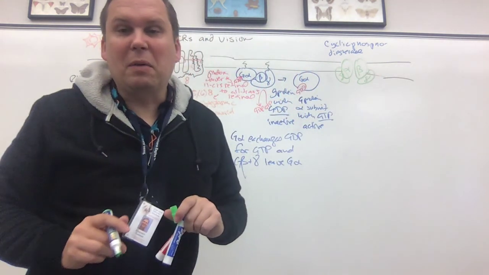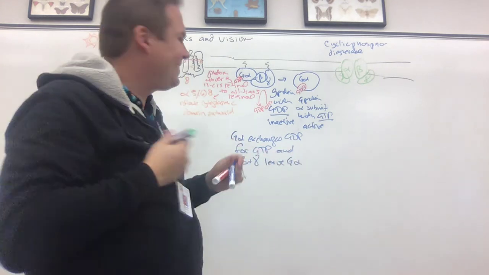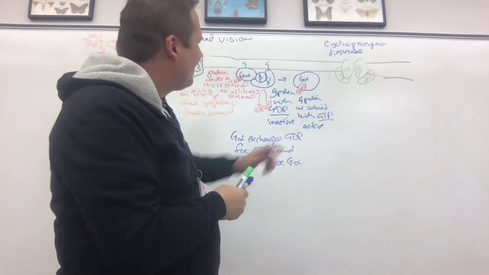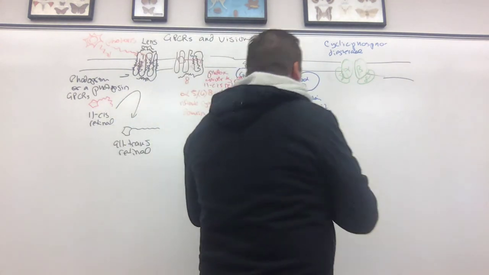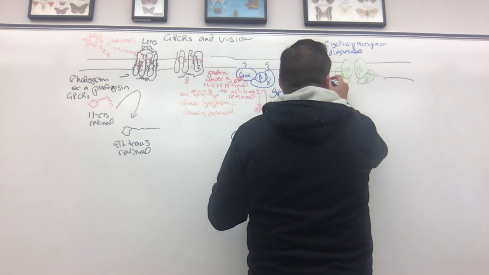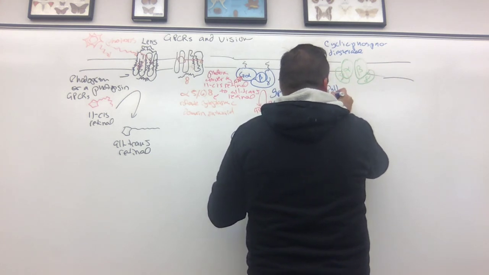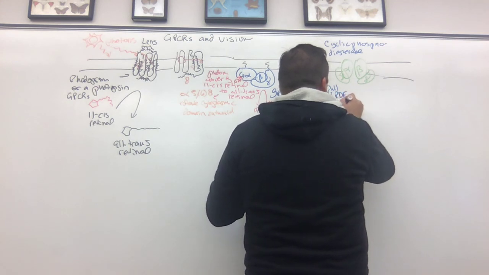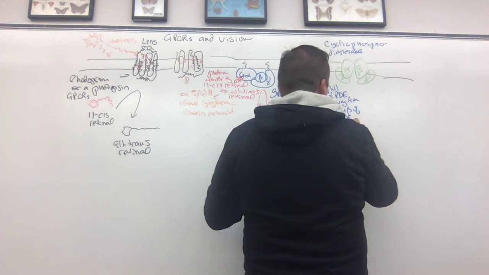And the gamma subunits are blocking alpha and beta so that they don't work right now, which is a terrible thing, right? So let's activate them. And the G protein alpha is actually going to do that for us. It's going to pull this away. So G protein alpha is going to pull the gamma of the phosphodiesterase away from the alpha and beta of phosphodiesterase, activating it.